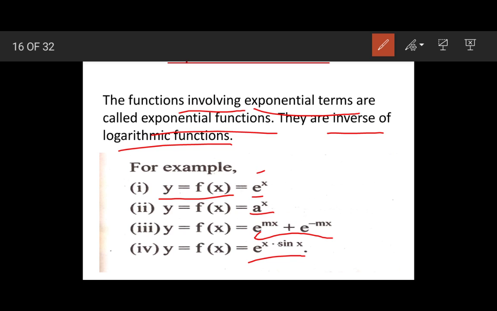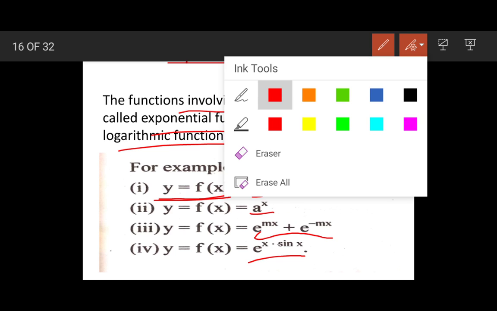Basically this e term is the inverse of the natural log, right? e is the inverse of the natural log. So if the function involves an exponential term, then that function is known as an exponential function.